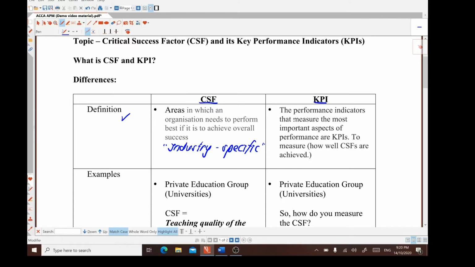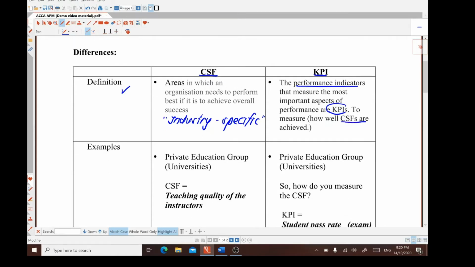The performance indicators that measure the most important aspects of the performance are the KPIs. They could be financial or non-financial, and they measure how well CSFs are being achieved, which is very important.